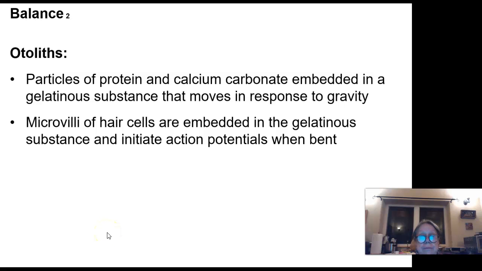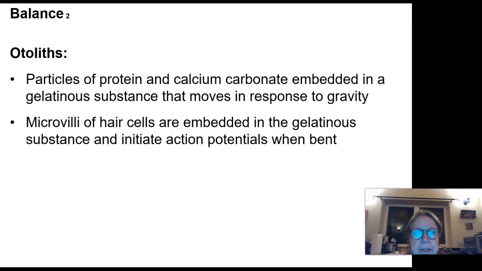Sometimes they have otoliths, which just means stones in the ear, or I've heard them also called crystals. These particles are protein and calcium carbonate, embedded in a gelatinous substance that moves in response to gravity. It's kind of like those snow globes: you shake it, and the snow falls. Gravity.